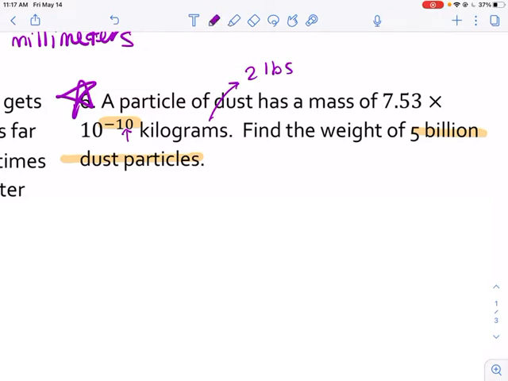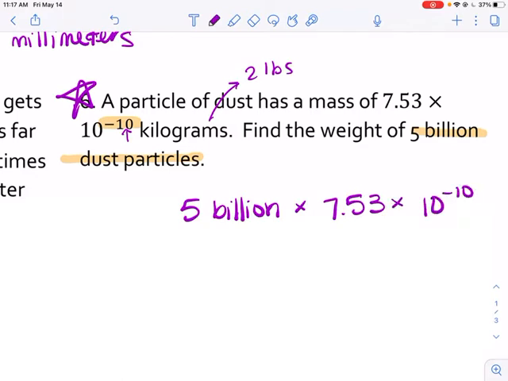So I want to find out what 5 billion times 7.53 times 10 to the negative 10th is. And I'm going to use scientific notation. You could just plug in the zeros of a billion, but you may find that you forget a zero. I frequently do. So it's actually a little bit easier to do it with scientific notation.